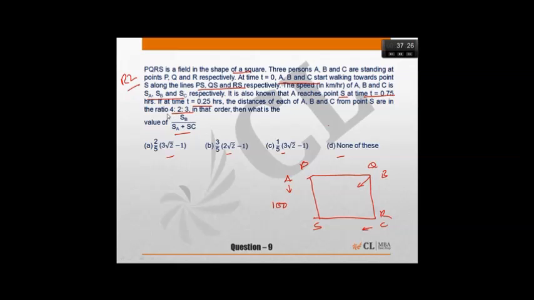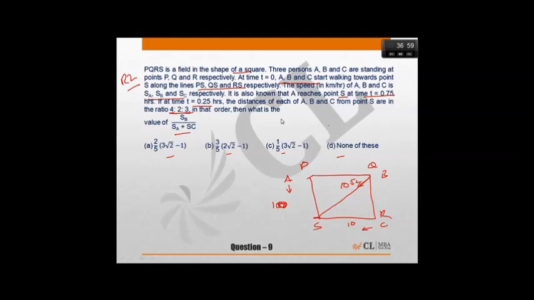So 4:2:3. Let me take this to be 10. That means this distance has to be 10√2, and this distance also is 10. So if A has covered this distance, what is the value of SB upon SA plus SC? So ratio of speed should be equal to ratio of distance.